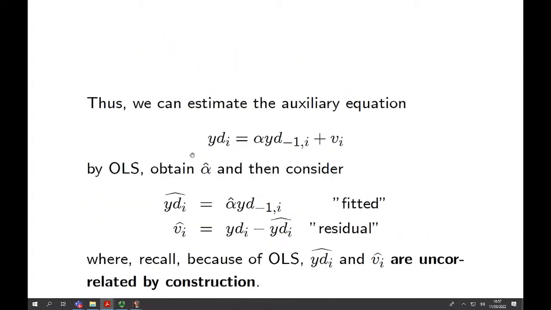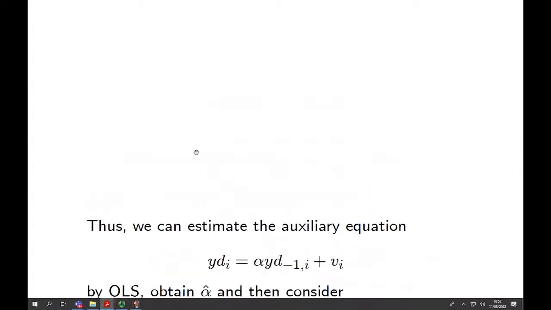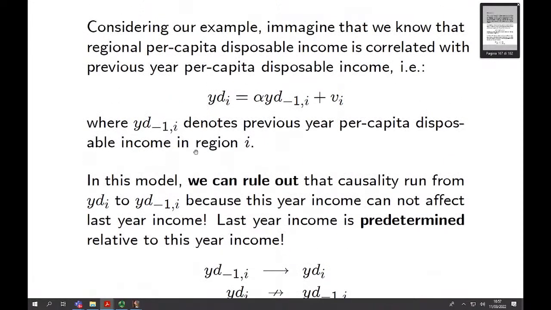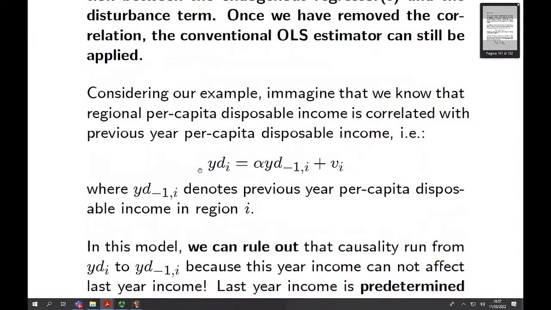Okay, coming back, I want to summarize what we did. I have an auxiliary model, so I have some more information. The auxiliary model says that disposable income in 95 might depend on disposable income in 94, plus an error term. I know that alpha in this model can be safely estimated by OLS, because causality just runs from the past to the present.